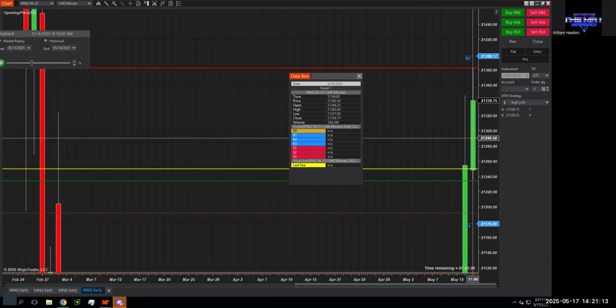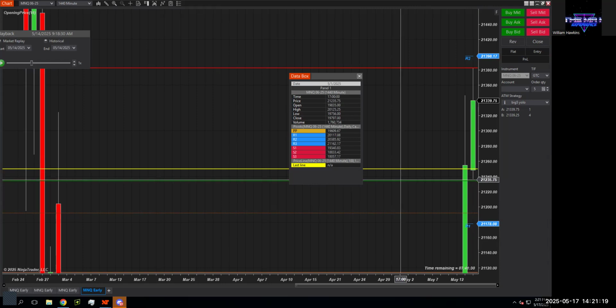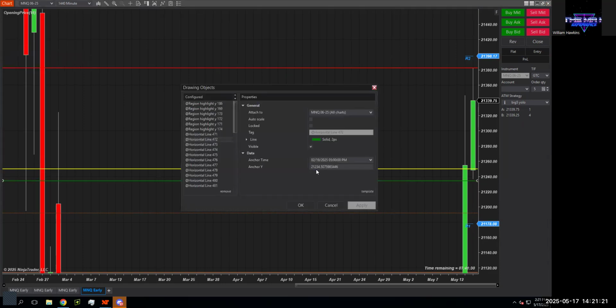You want to look at the low. The low is 21237. 2123 down 7.